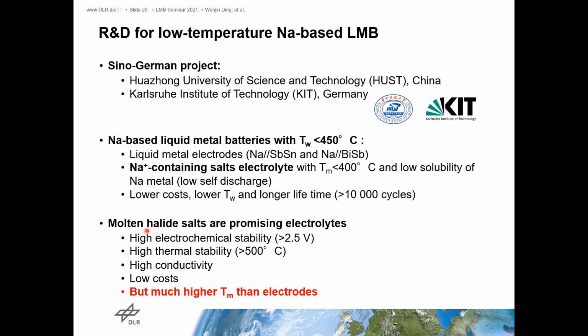Molten halide salts are promising electrolytes for such a battery, because they have high electrochemical stability, high thermal stability, and high conductivity, but low cost. But the problem is that halide salts usually have high melting temperatures, especially for the sodium-based liquid metal battery.